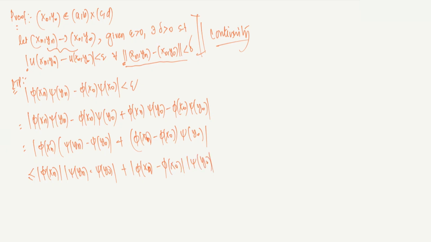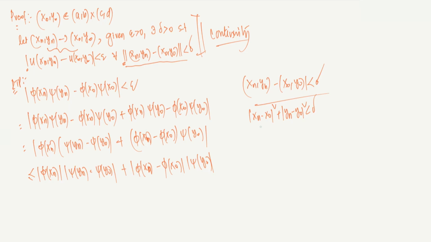Okay, now see, the sequence converges. We are given that (xn, yn) minus (x naught, y naught) is less than delta. So if that is the case, it means that (xn minus x naught) square plus (yn minus y naught) square is less than delta.